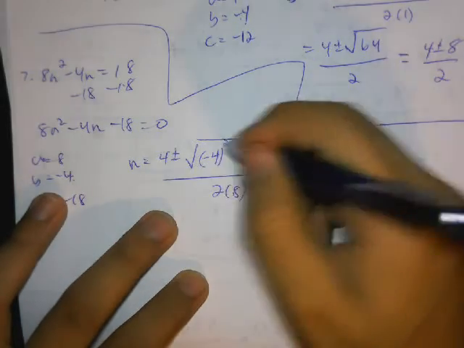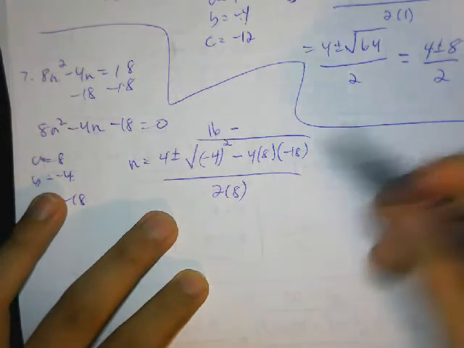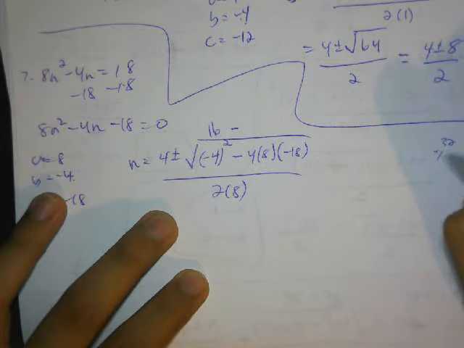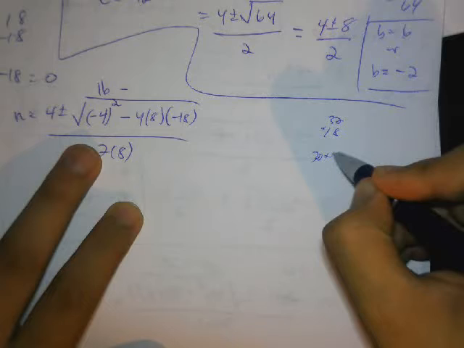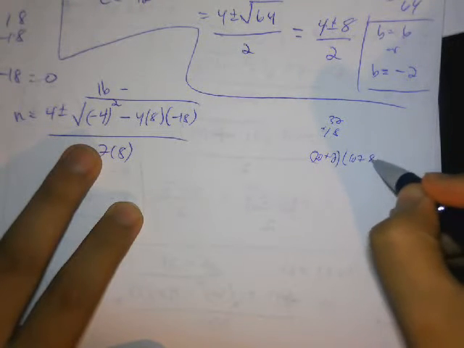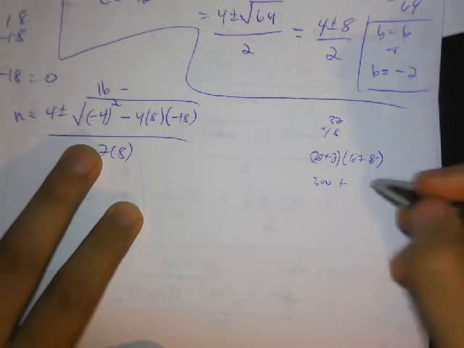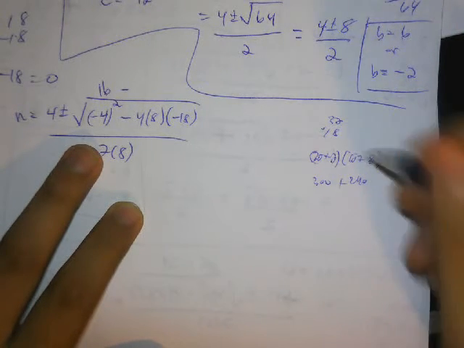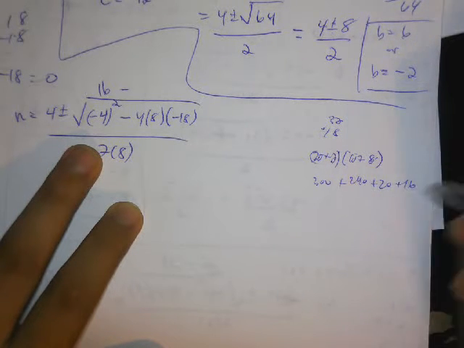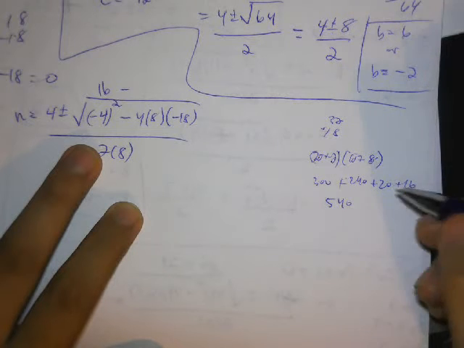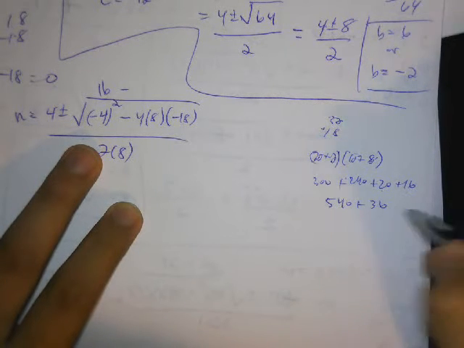Alright, negative 4 squared is positive 16, minus 4 times 8 is 32. 32 times 18 is, let's see if I can do this on the side. 32 is 30 plus 2, 18 is 10 plus 8. 30 times 10 is 300, plus 30 times 8 is 240, 2 times 10 is 20, and 2 times 8 is 16. 300 plus 240 is 540. 20 plus 16 is 36.